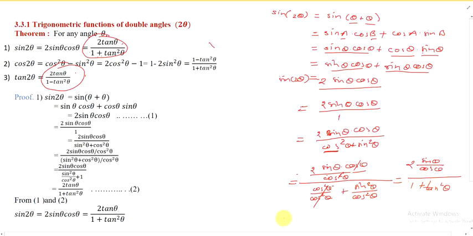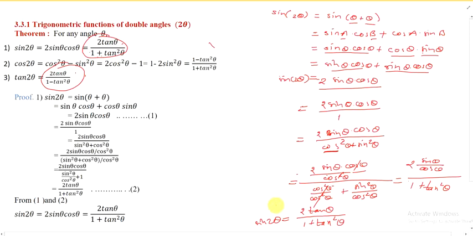So the numerator 2 sin theta upon cos theta is 2 tan theta, upon 1 plus tan square theta. So this is the other result for sine of 2 theta.